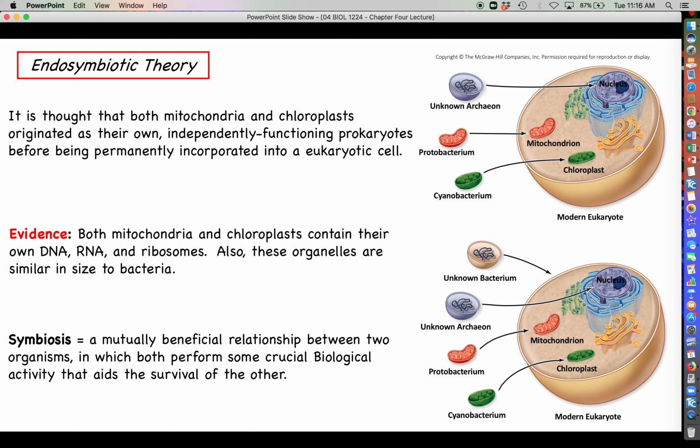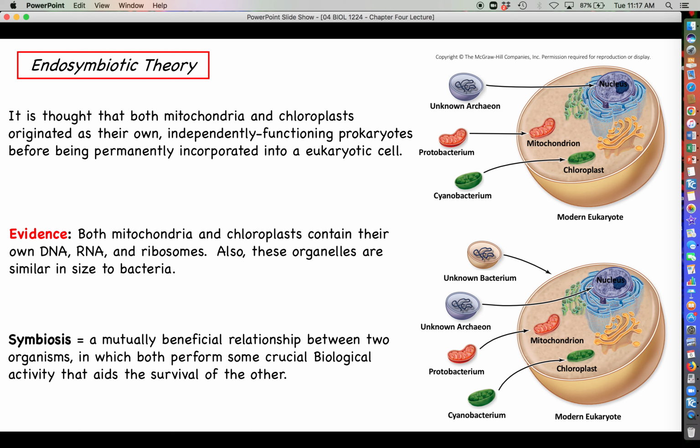So if that's true, at one point in ancient history, there was no distinction between prokaryotes and eukaryotes. There was only one kind of cell. So how did we get a divide between prokaryotes, which do not have organelles, and eukaryotes, which do? Where did we as eukaryotes get our organelles from?